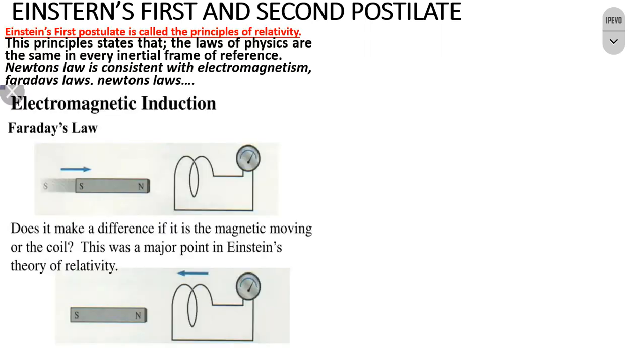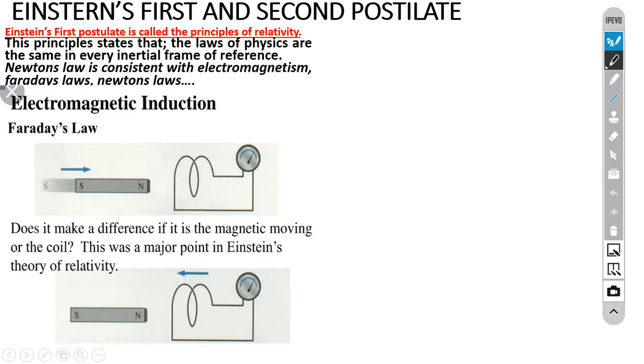Let's proceed. In terms of the first postulate, let's look at Faraday's law. Looking at the picture here, observe that when this bar magnet is introduced into this coil, there would be a flow of electric current.